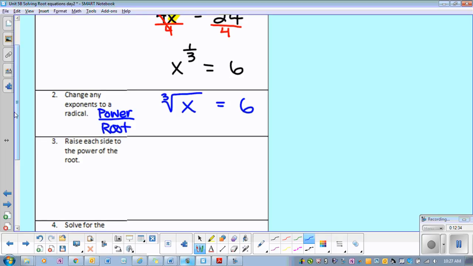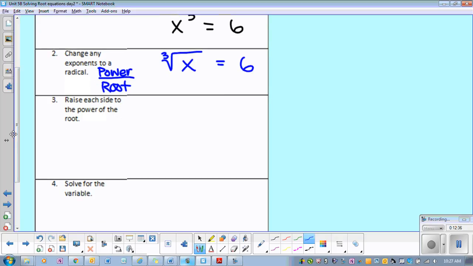So now we're going to solve it the same way that we solved the last one. We're going to get rid of that root. Well, how do I get rid of this cube root? 3. Good. Take it to the power. Okay? Power of 3. And whatever you do to one side, you do to the other side. Okay?